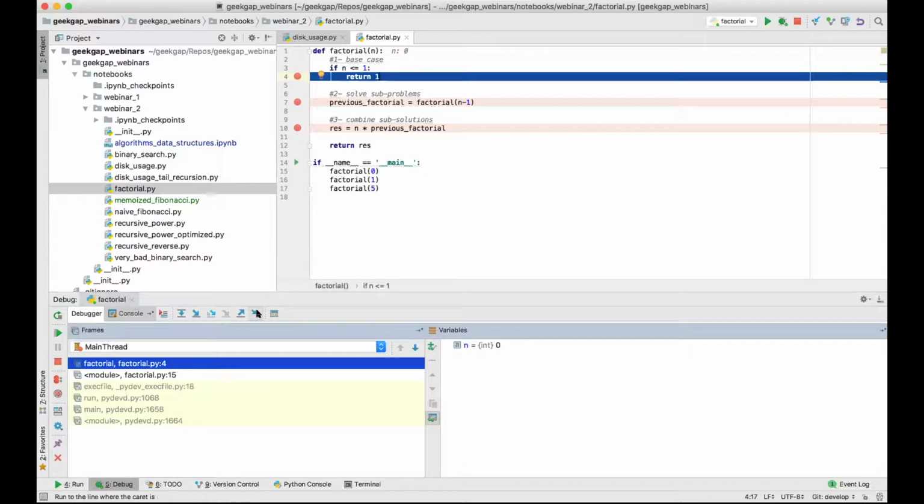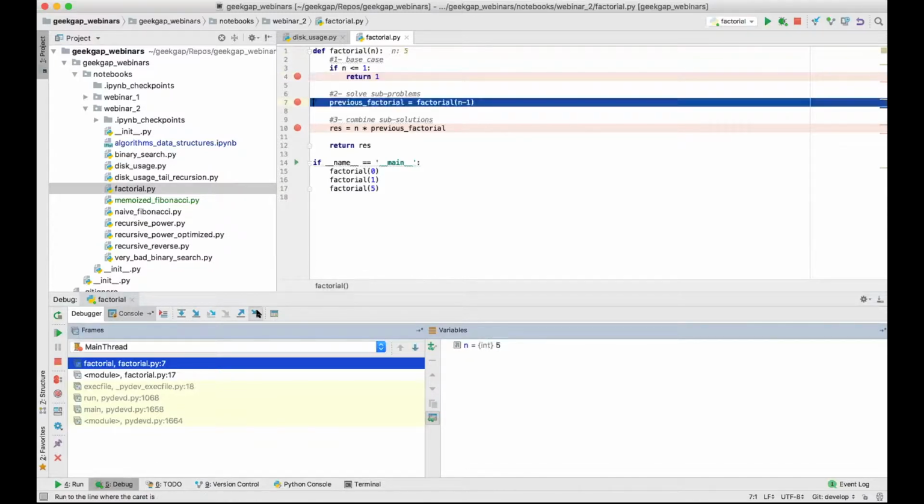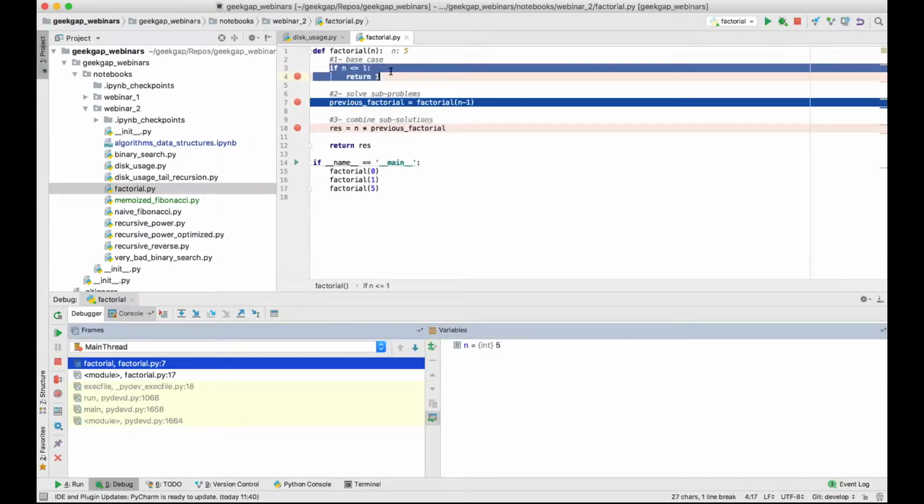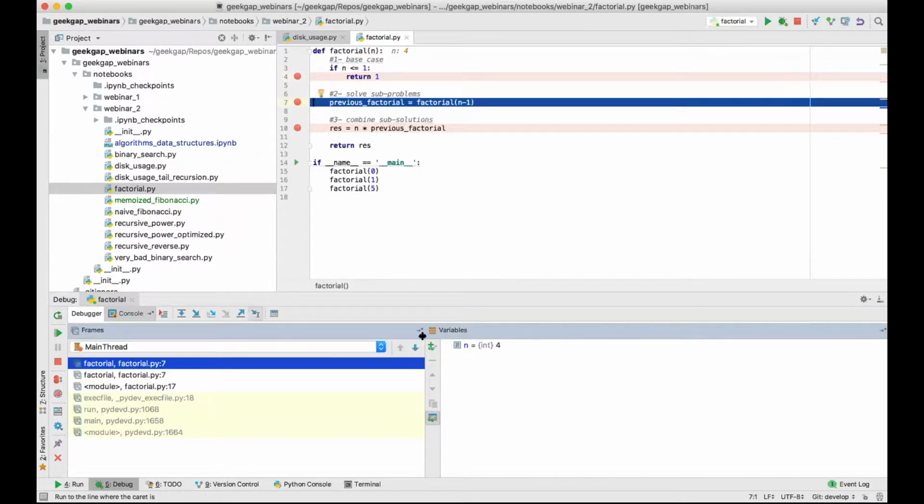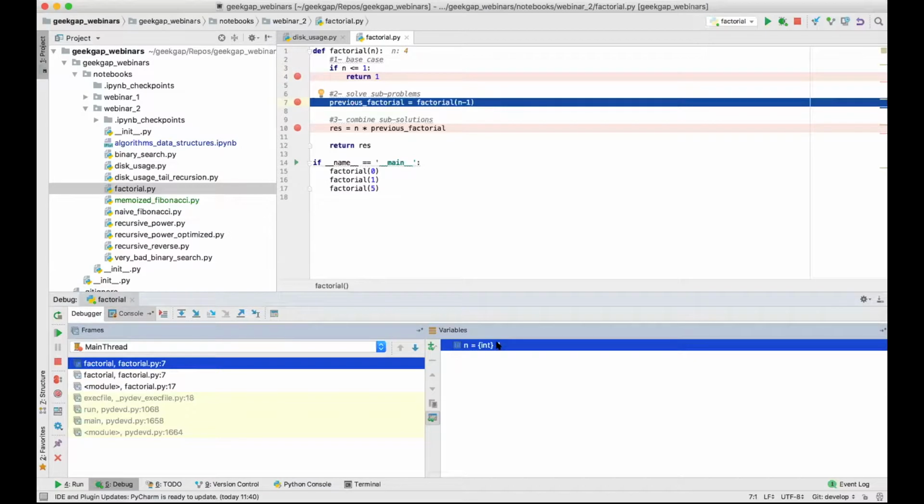And what about computing factorial of 5? Well, for factorial of 5, it doesn't enter here directly. What it does is first compute f of 4. You can see here in the debugger.